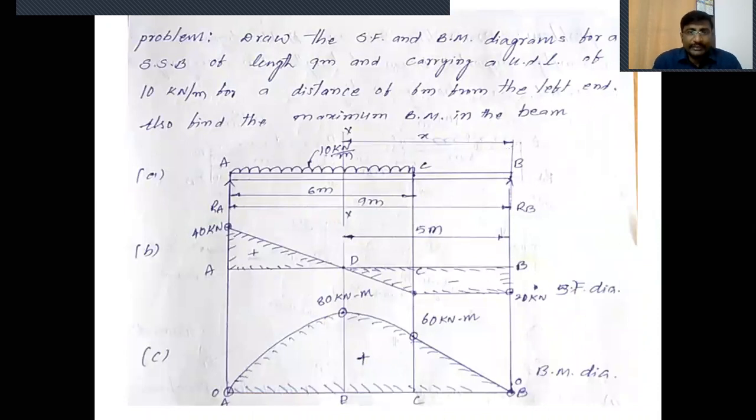One of the other special case problems is the UDL which is not acting over the entire length, but acting over a partial length of the beam. Look at the problem.